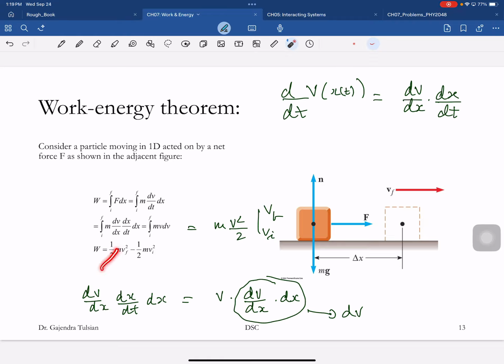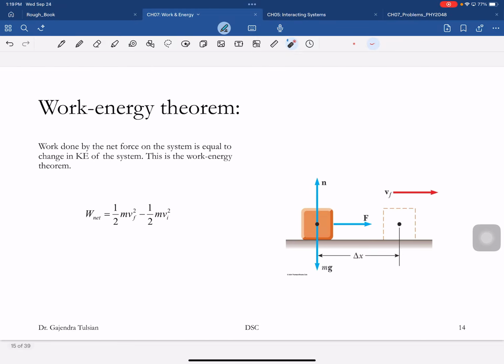Your final kinetic energy is smaller than your initial kinetic energy, and you've done negative work. All right. So there's the work energy theorem. The net work done is the sum of work done by all the forces acting on that object, and that shows up as change in kinetic energy.